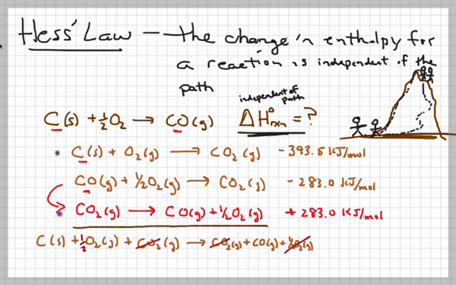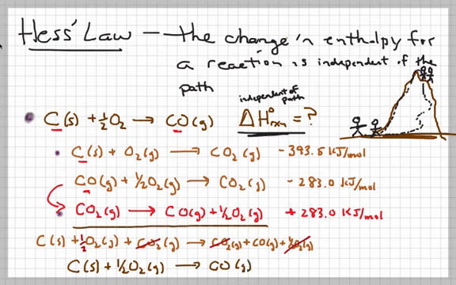And that leaves us with carbon solid plus 1/2 O2 to produce carbon monoxide. So what this is showing is that the net result of our two-step process is the same as our one-step process. It's the combustion of carbon and oxygen to produce CO.